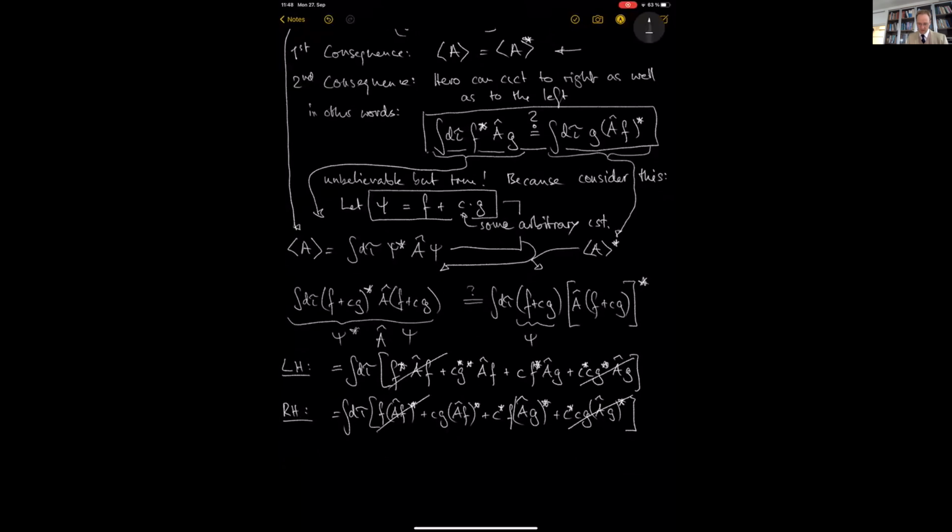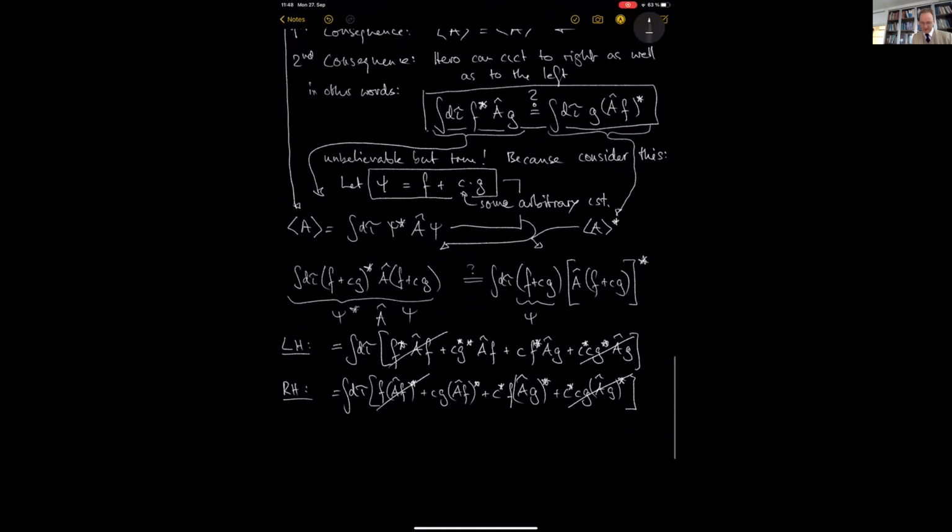So these terms cancel, if our operator A is Hermitian. And so this means our equation simplifies to the remaining terms. So on the left-hand side, we have C star G star A F plus C F star A G. And I keep my question mark.